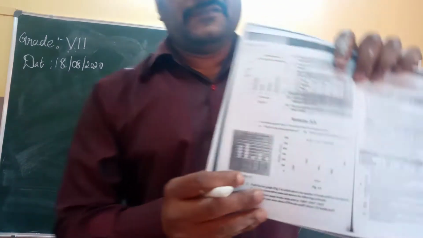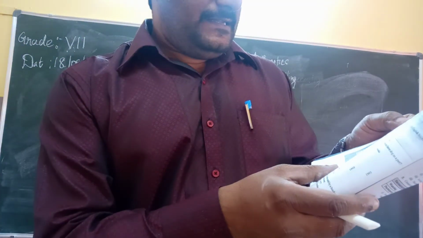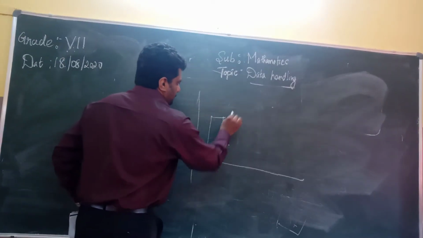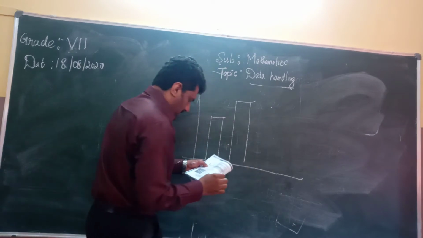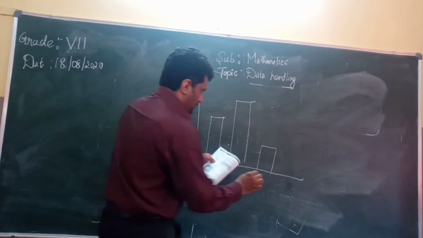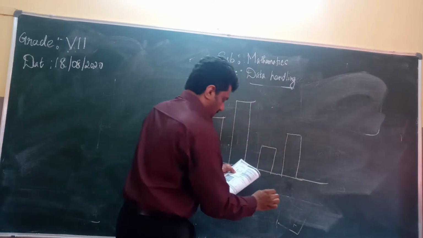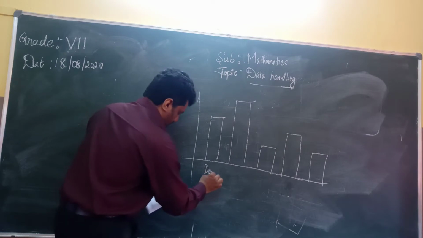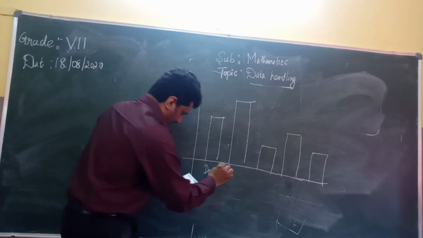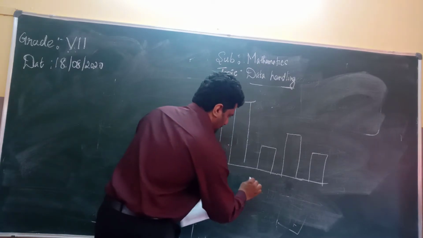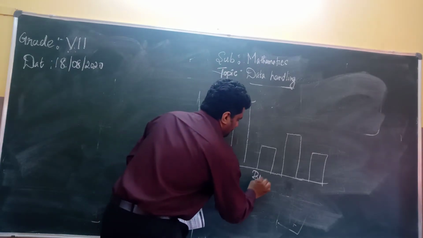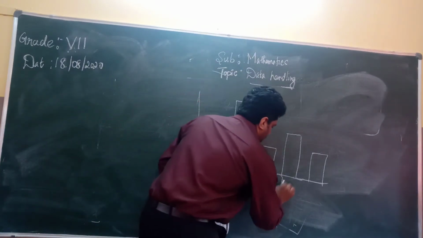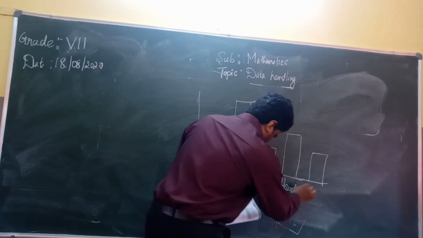Now in this diagram, if you see the bar graph, they have given dogs. Now you have a bar graph like this. Okay, now this is dogs. This is cats. Rabbits. Hamsters.